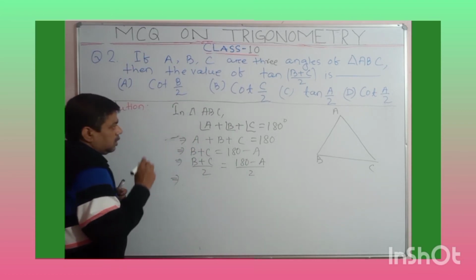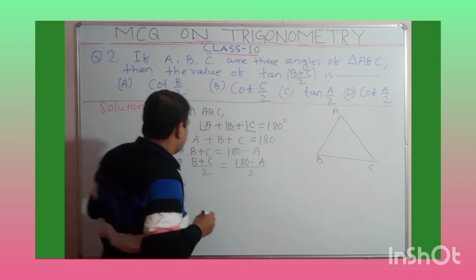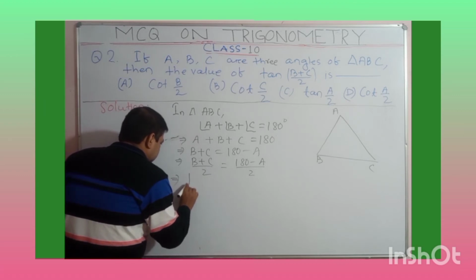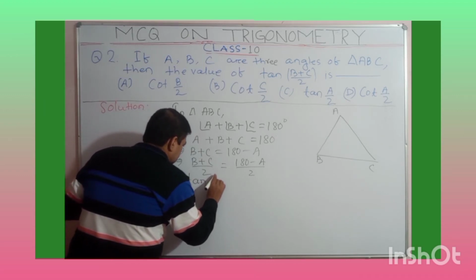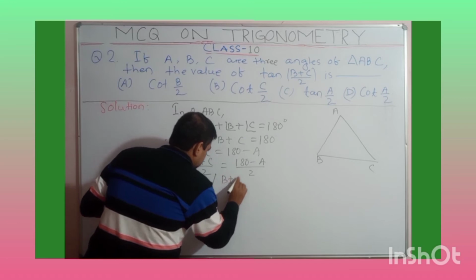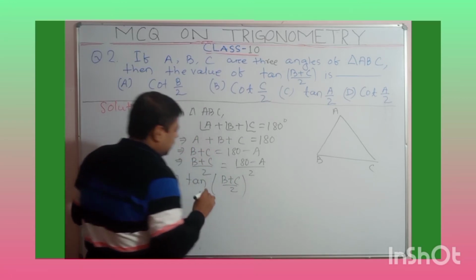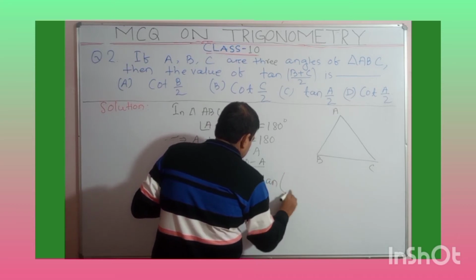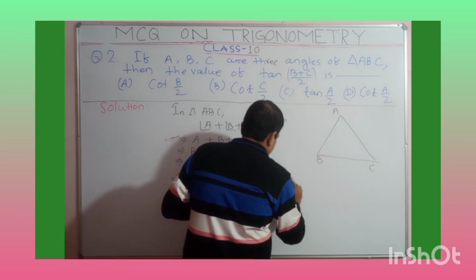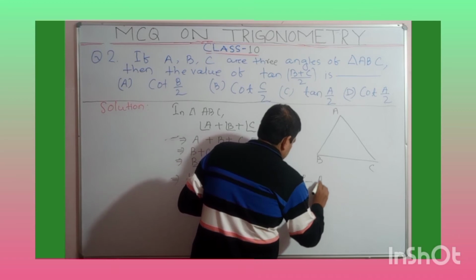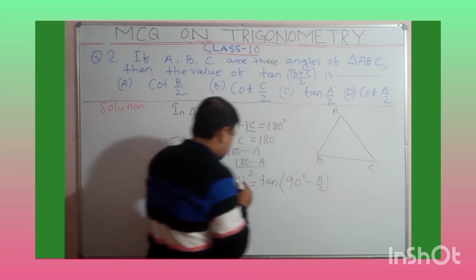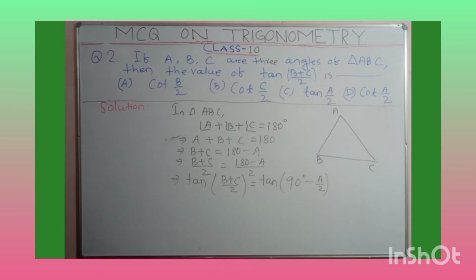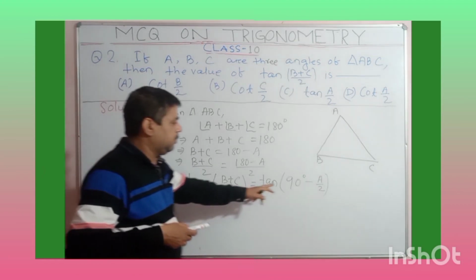Understand? Then putting the trigonometric ratio tan on both sides, tan of (B plus C) upon 2 is equal to tan of 180 by 2, what? 90 degrees minus A by 2. So we got tan(90 minus A by 2).